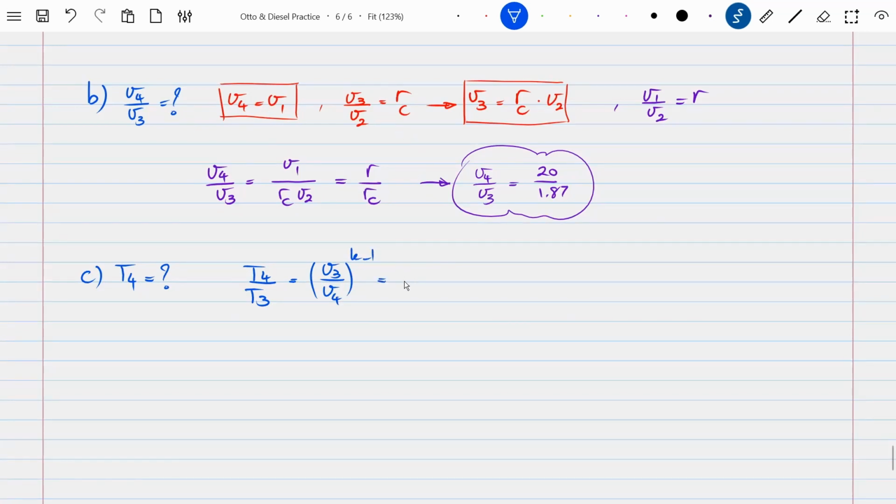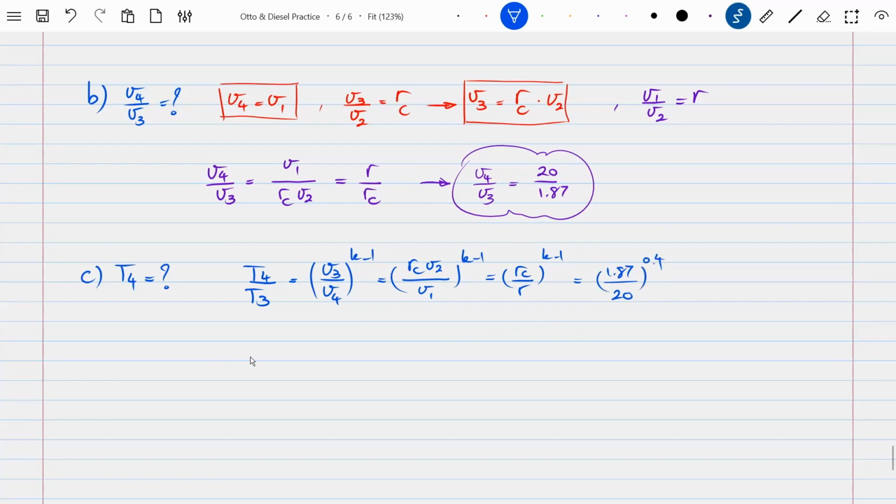Following what we know above, I can replace V3 by RC V2 and replace V4 by V1. And this is exactly the inverse of the expansion ratio. So you are looking at RC over R raised to K minus 1. For us, that is 1.87 over 20 raised to 0.4.